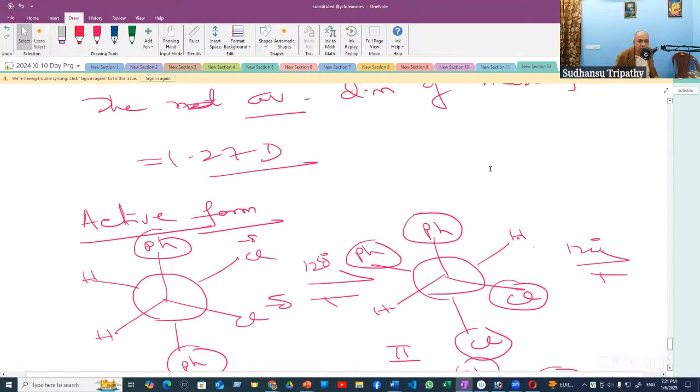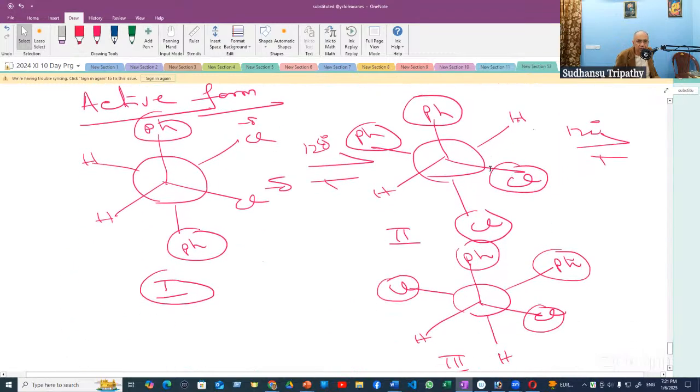Got it? Here, chlorine Gauss is less pronounced because the phenyl steric strain is minimum.